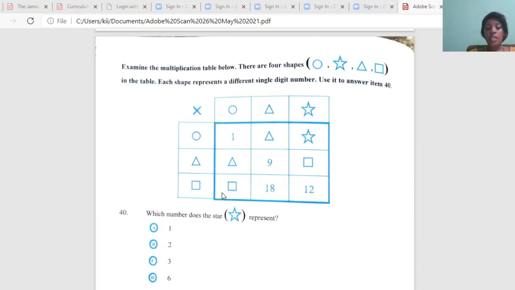And then the 12 here is arrived at by multiplying 6 times 2 to give you 12. So this row now is 2, 6, 12. So the star represents 2.